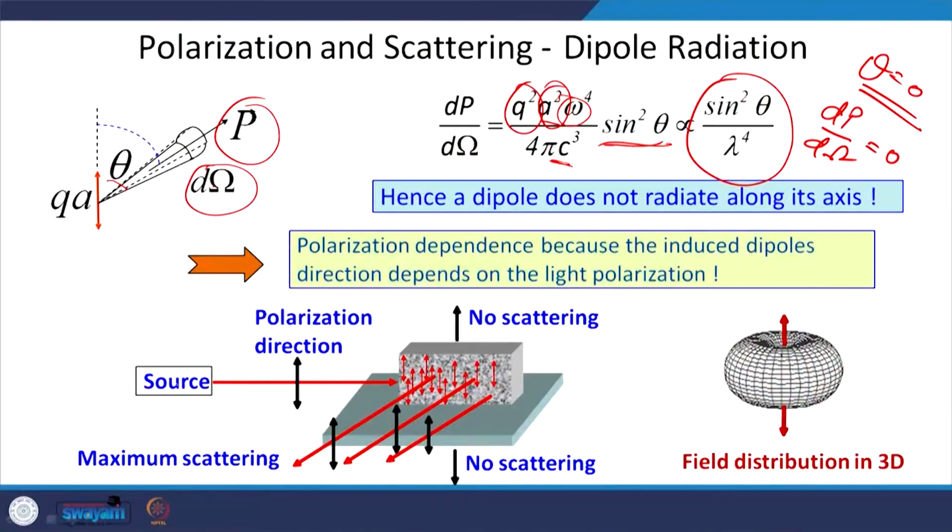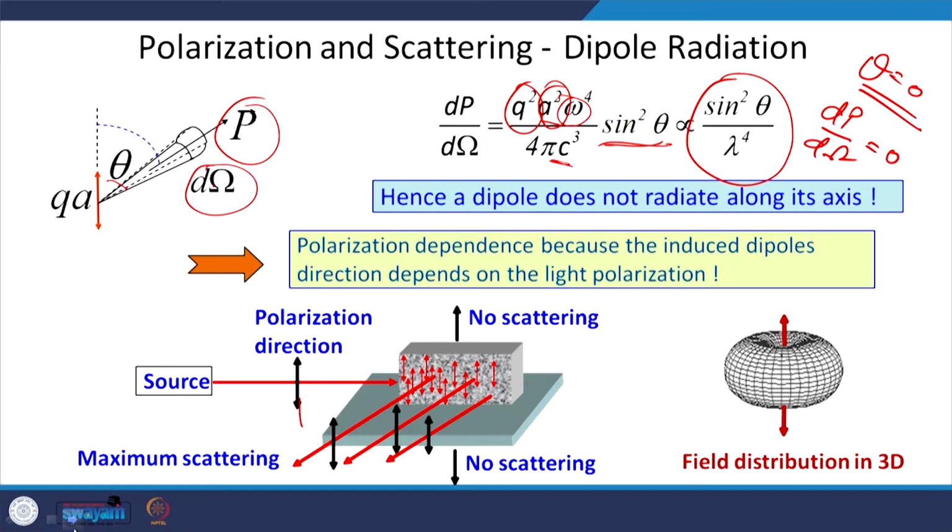Now it comes here. I was telling you in the beginning what is the importance of polarization, here it is coming. Suppose you have a source here and the direction of polarization is like this. Then all the molecules will be polarized in the vertical direction, so there will not be any scattering in the vertical direction, and the maximum scattering will be in the horizontal direction.